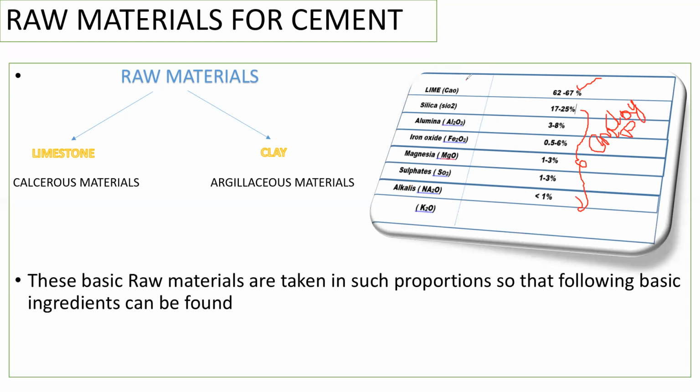So basically we are taking lime and impurities, and these impurities are those clays, and in the clay we have this silica, alumina, iron oxide, magnesia, sulfates and all. And these are the proportions that we need to maintain so that we are going to get the proper ingredients in the cement, right? So with this understanding, we'll go forward. This is very important for us, that lime, silica, alumina, iron oxide, magnesia and sulfates are the main ingredients that are found in the cement.